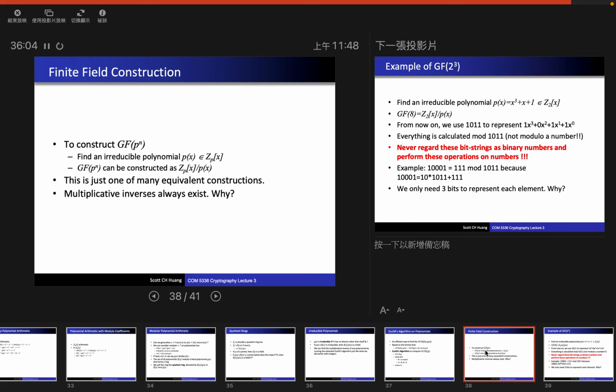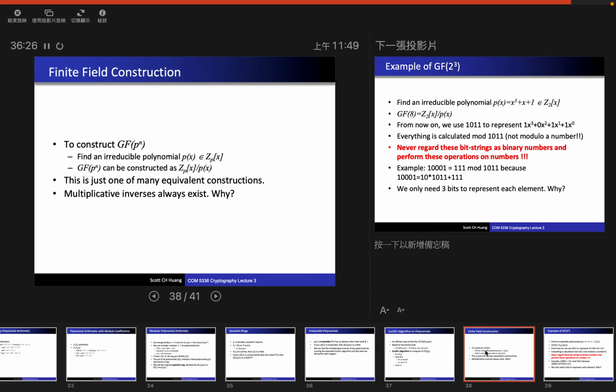Okay, so that's the idea. Now let me give you another way to think of it. When we do mod this, there's an alternative point of view.